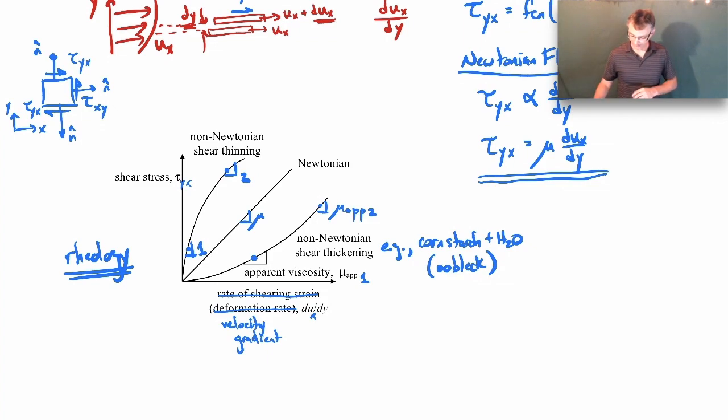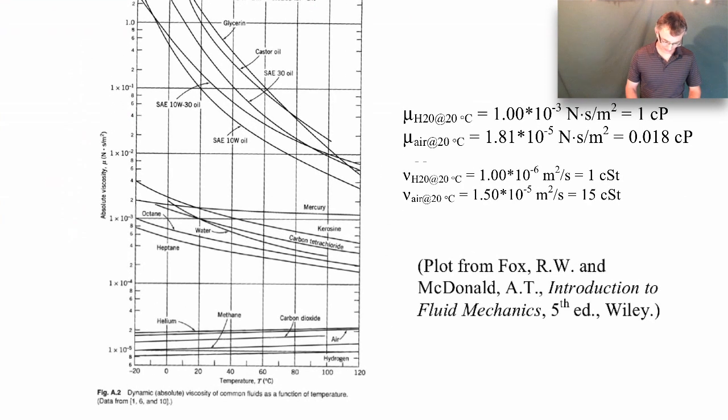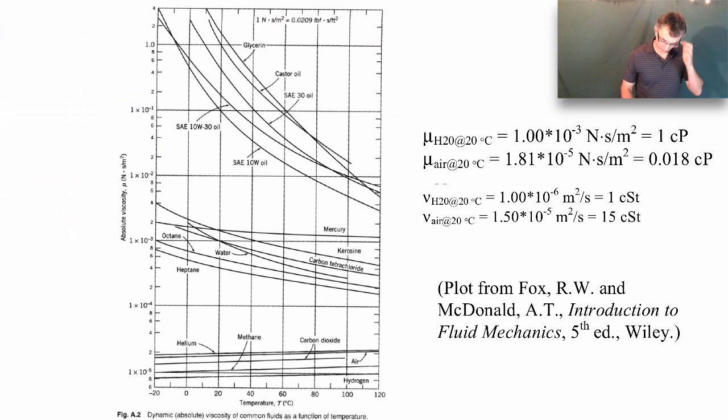All right, let me move on here. So let me show a plot of what the viscosity looks like as a function of temperature. On the vertical axis, we have what they call absolute viscosity, but it's the dynamic viscosity, mu. This is a logarithmic scale on the vertical axis.